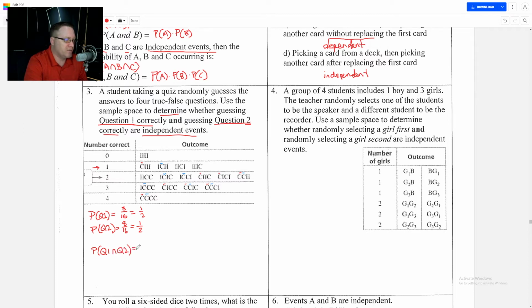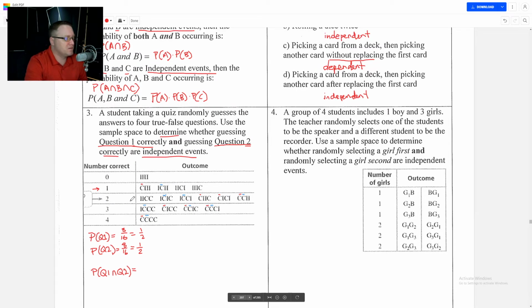Well, let's see. I'm going to now use green, and I'm going to find all of the ones that have question 1 correct and question 2 correct. So for example, this one has question 1 correct, but not question 2. So I'm going to look for all the ones that have the red and the blue on them.